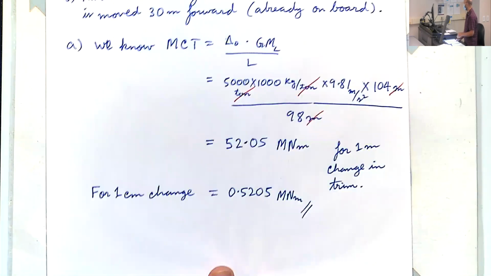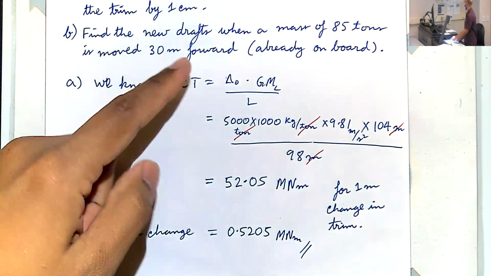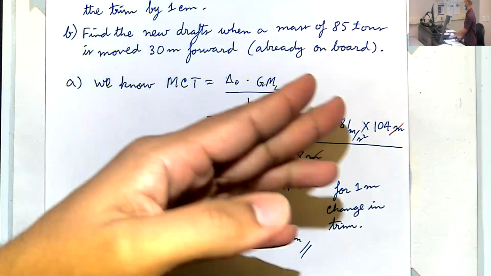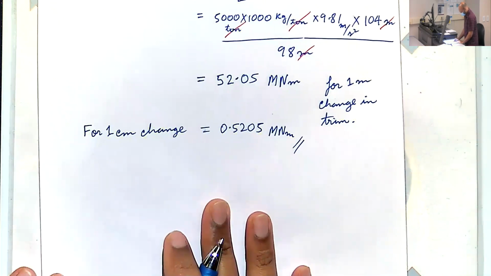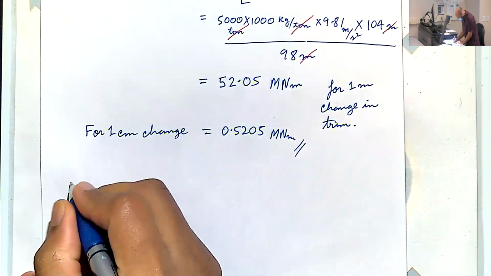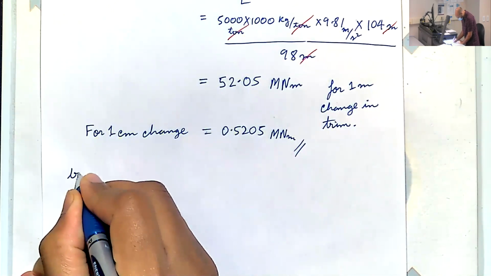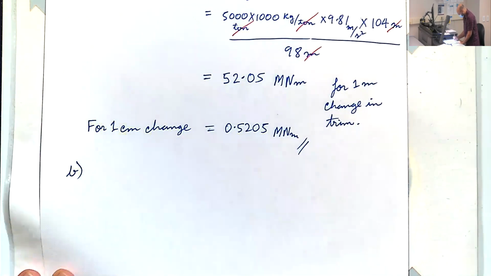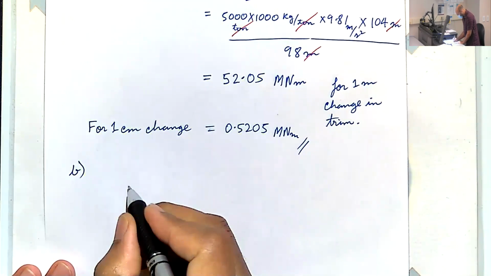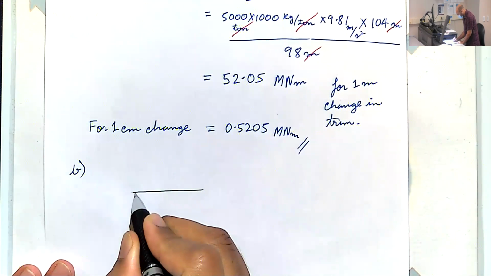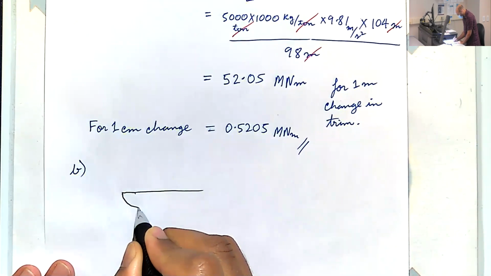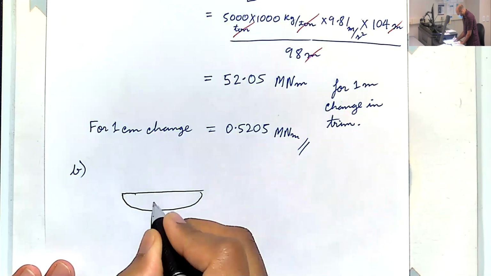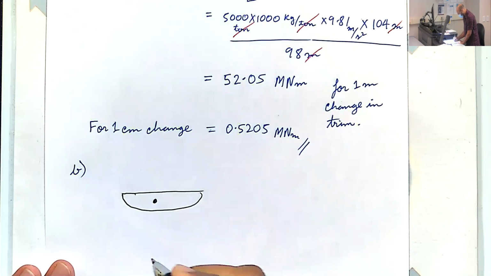To think about the second one, what's the new drafts when a mass of something is moved? So let's have a very rough sketch here. Let's say the LCF is somewhere here.